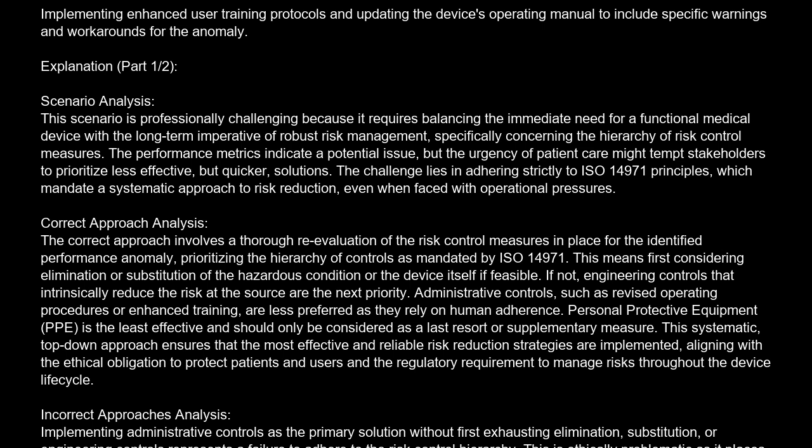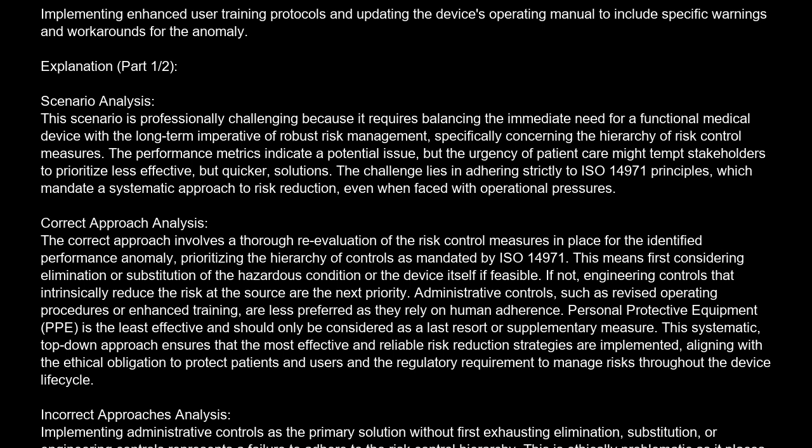If not, engineering controls that intrinsically reduce the risk at the source are the next priority. Administrative controls, such as revised operating procedures or enhanced training, are less preferred as they rely on human adherence. Personal protective equipment, PPE, is the least effective and should only be considered as a last resort or supplementary measure.